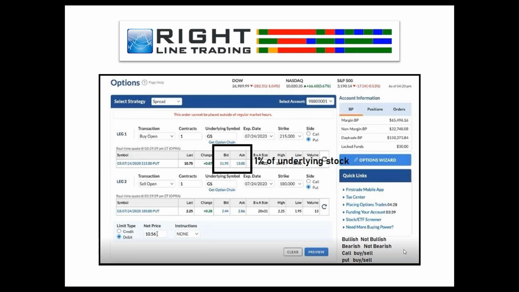Now, what determines the liquidity of an option? I believe that this is probably the most misunderstood metric of all. When you look at an option, and I just picked Goldman Sachs, I'm actually going to show you this platform because it's not Thinkorswim. It's a lot easier than Thinkorswim.